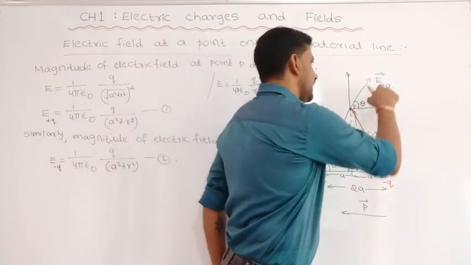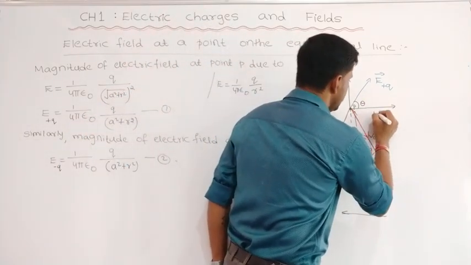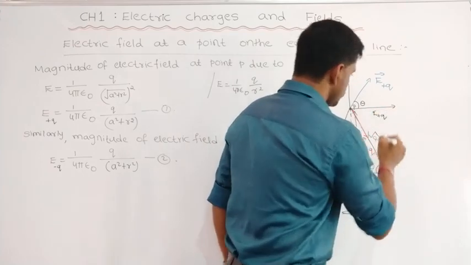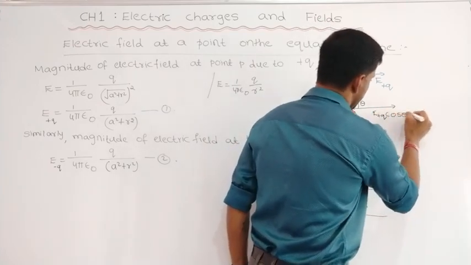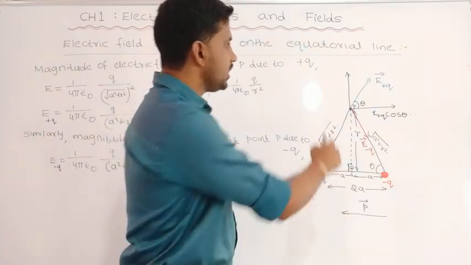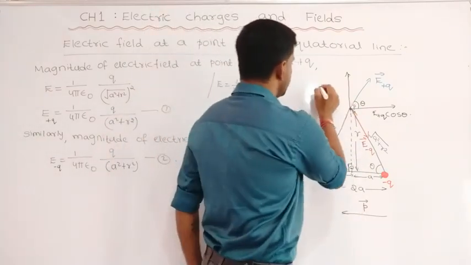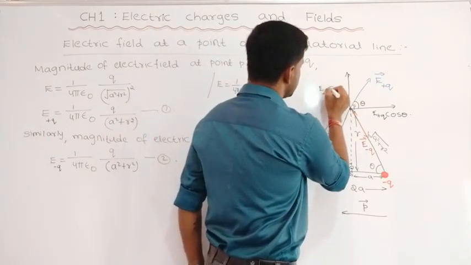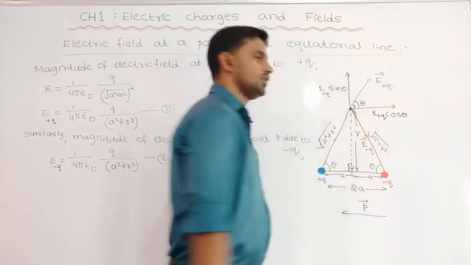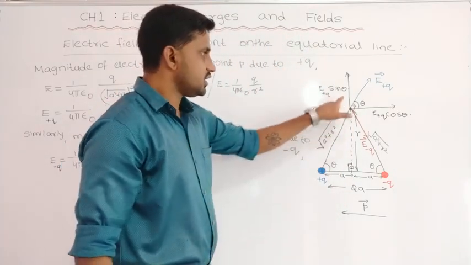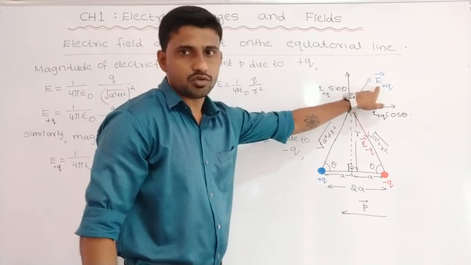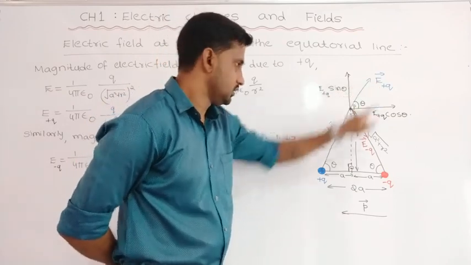Horizontal component of electric field is E plus Q cos theta, and vertical component of the electric field is E plus Q sin theta, right?